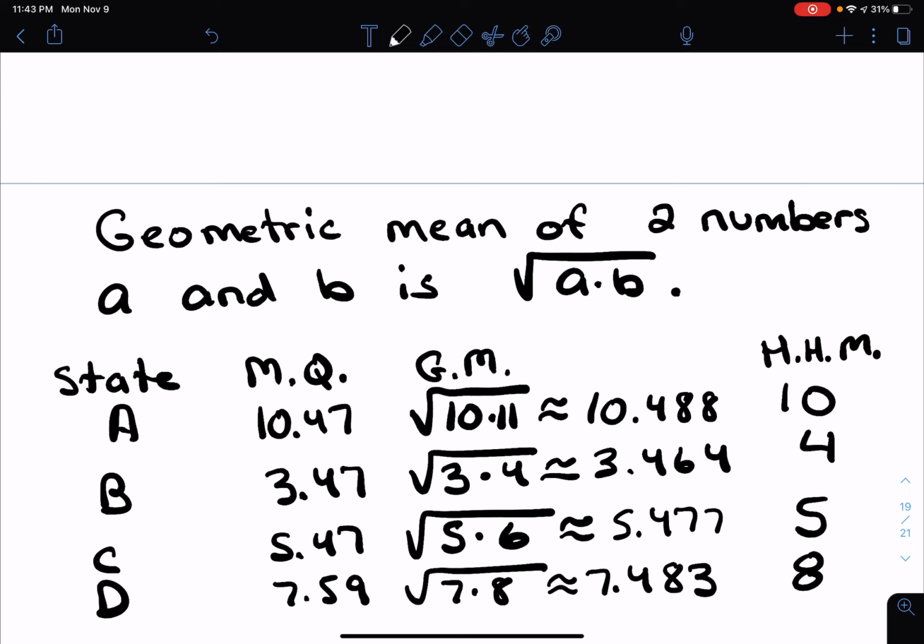If that modified quota of each state is less than the geometric mean, then you just stick with the integer part. If that modified quota is bigger than that geometric mean, then you bump up to the next integer. And there it is. And that's how they decide how to apportion all the representatives in the US. That's their little rule. So that's the Huntington Hill method. So there you go. I mean, hopefully that was as exciting as I've made it out to be.